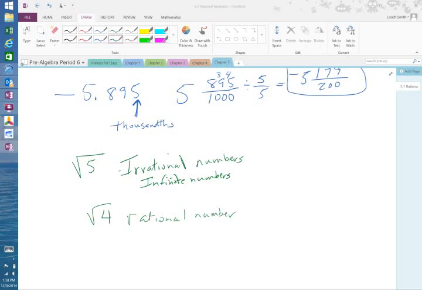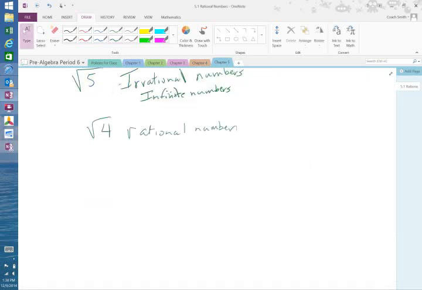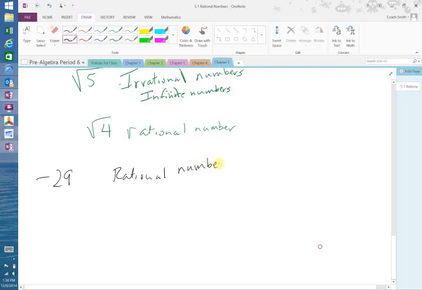Now, let's look at how I write negative 29 as a rational number. They want me to take negative 29 and write it as a rational number. Well, that means I need to write it as a fraction.